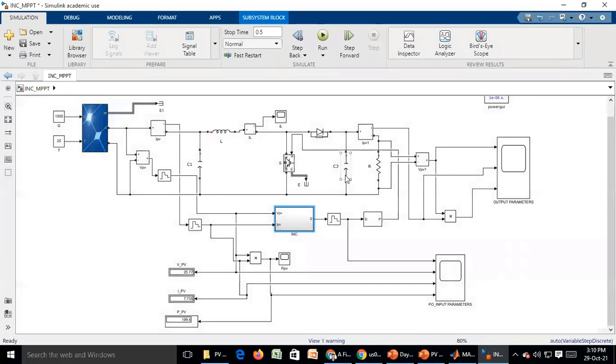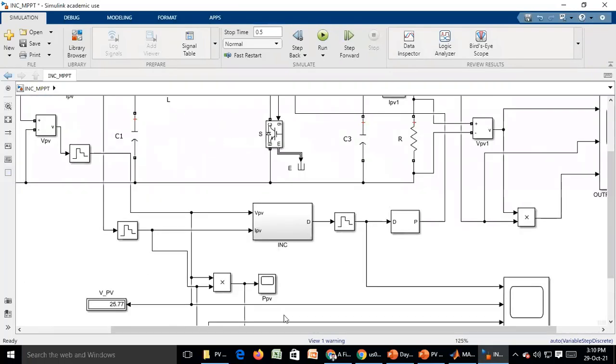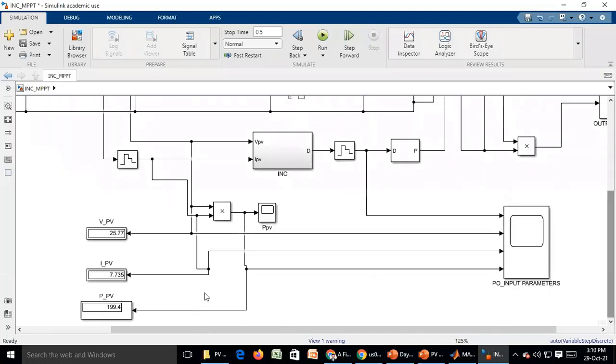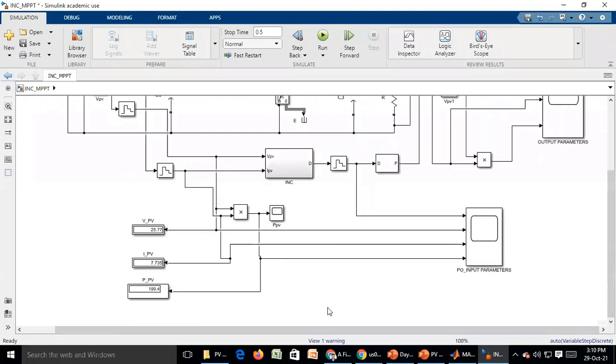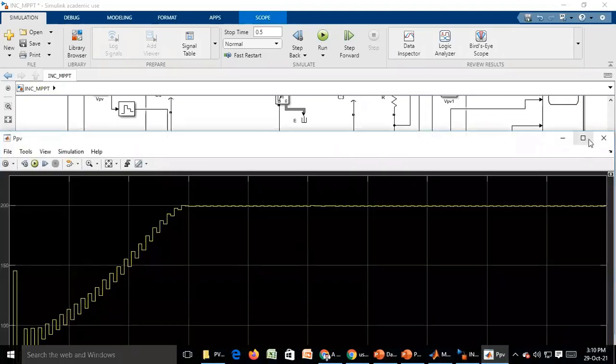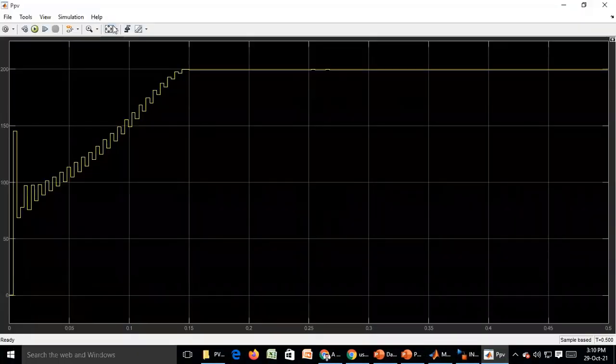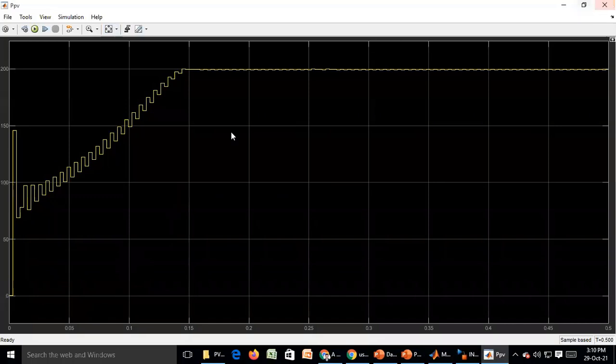It's completed. So now you see. Now can you observe 7.7, 199.4, 25.77. There are fractional changes. Earlier it was 0.04, it was settled.